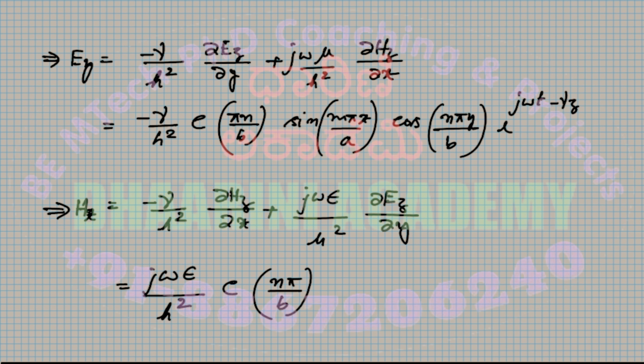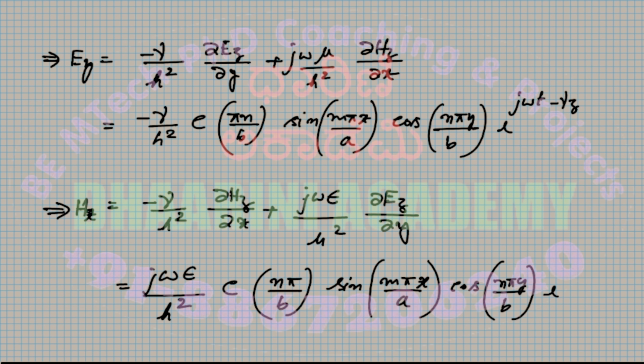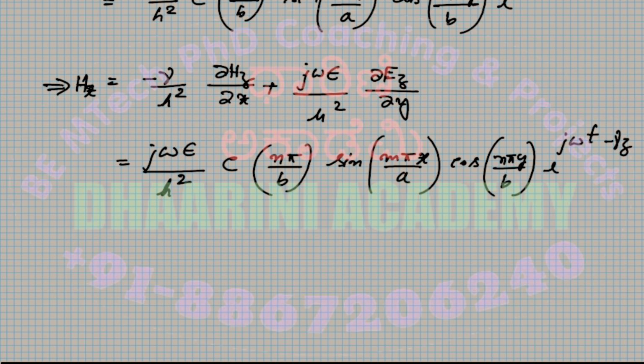The sine of x component remains as it is, sine of m pi x divided by a, into the other sine component that becomes cos, cos of n pi y divided by b, into e to the power j omega t minus gamma z. This is the equation of the x component of magnetic field.